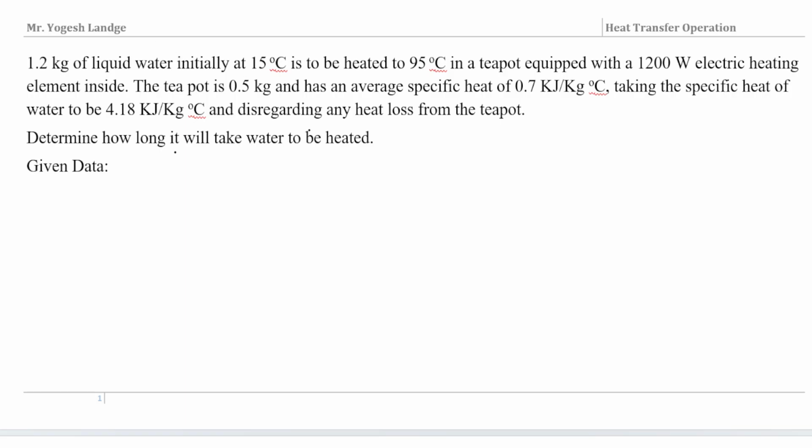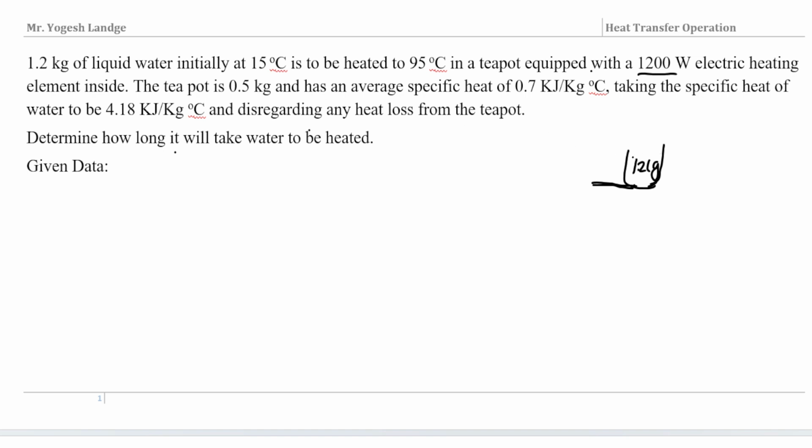So here we want to calculate the time period required to heat under these conditions. Let's first write down the data which is mentioned here. We have a teapot with 1.2 kg of water, and the teapot is equipped with a heater, a heating element with a capacity of 1200 watt, and the teapot is 0.5 kg and has an average specific heat.